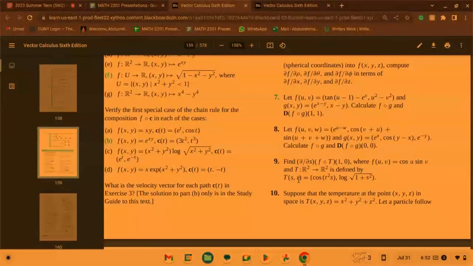DT is 2 to 2, a 2 by 2 matrix. Why? Can you tell me why DT is a 2 by 2 matrix? Because... I'm asking basic questions.